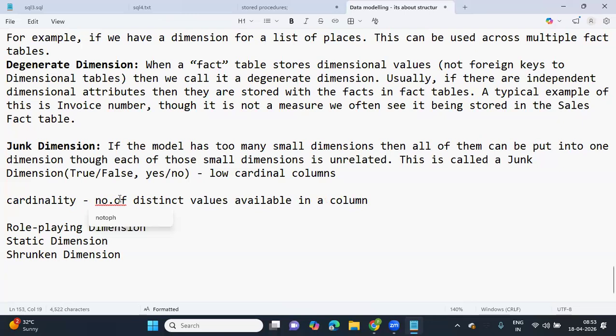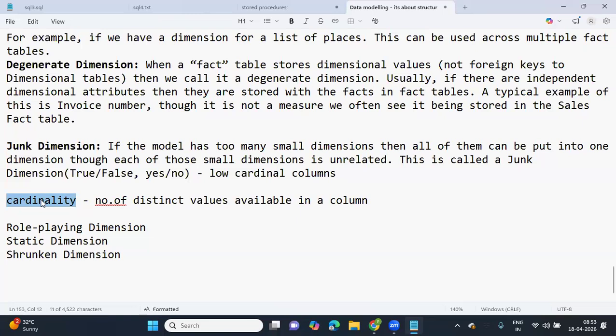If you take the customer table, I'll have customer ID, customer name, gender. Let's say these three columns. What is the cardinality of the customer ID? It would be high because each customer has a different ID. So the cardinality of customer ID is high. But the cardinality of gender might be male, female, or very rarely others.